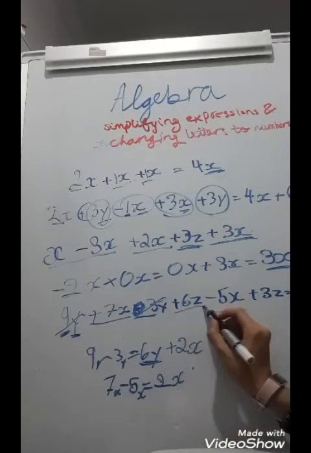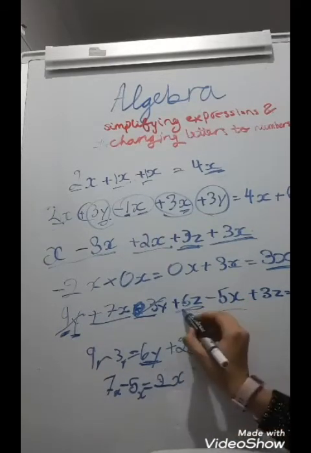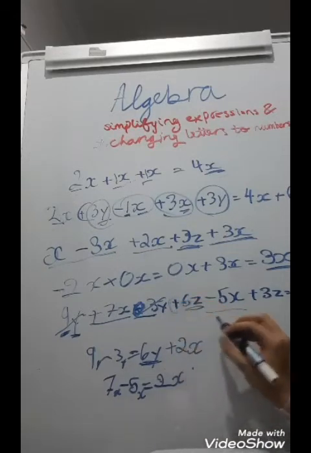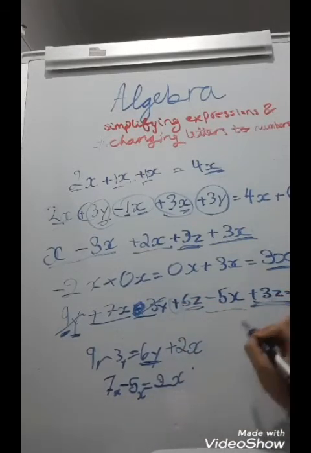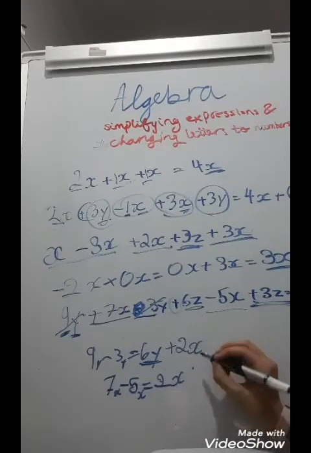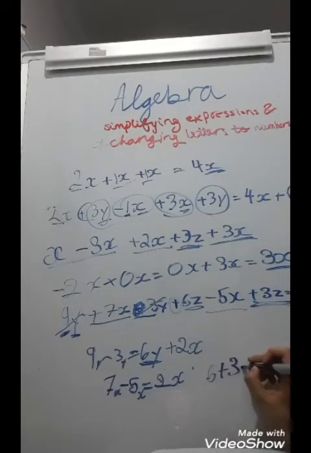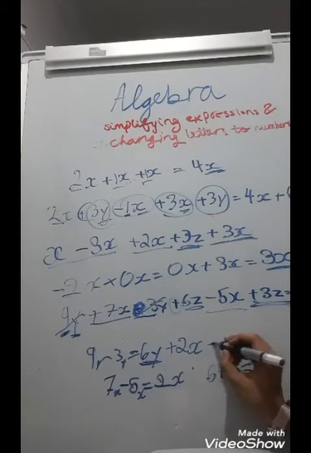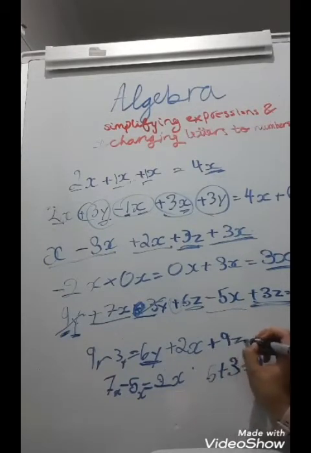Then we'll have positive 6z, and we'll have also 3z, and 6 plus 3 equals 9, and that just equals positive 9z.